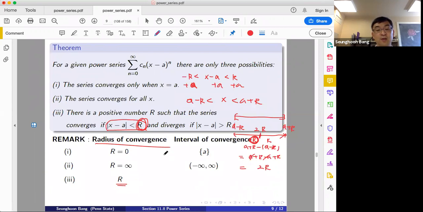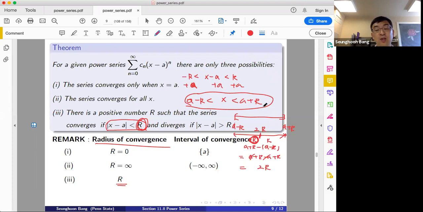What's the interval of convergence? We have this interval, a minus r and a plus r. As in my second example, we always check whether the series is convergent or divergent at the endpoints. Is the left-hand point included or not?